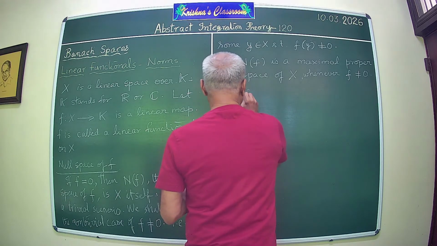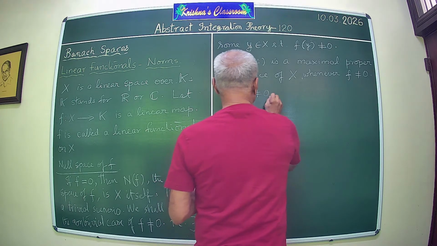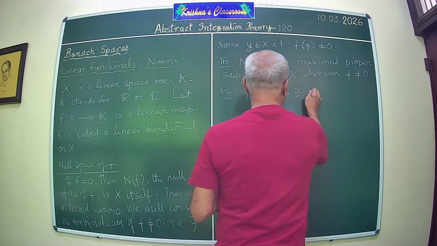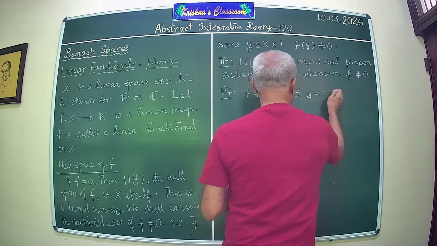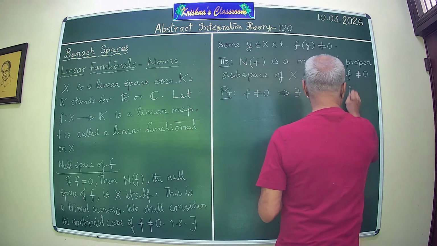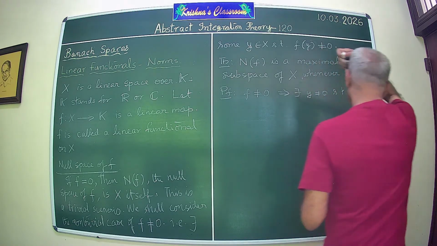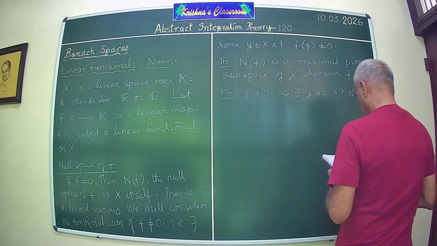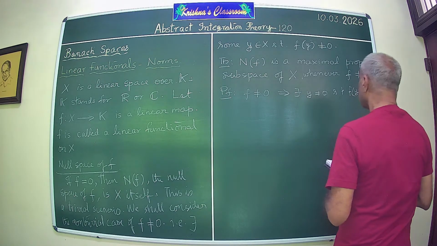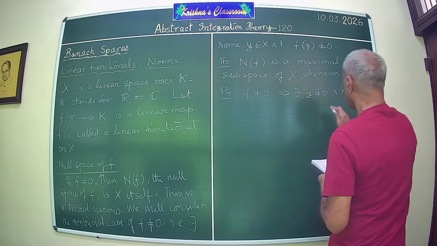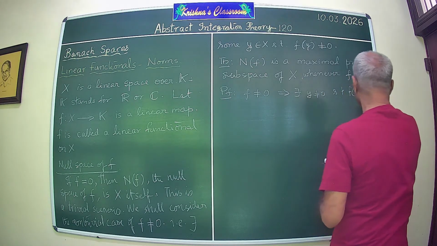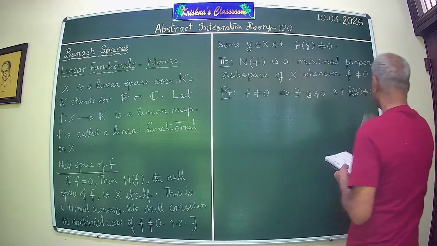So f not equal to 0 implies there exists y not equal to 0 such that f(y) is not equal to 0.